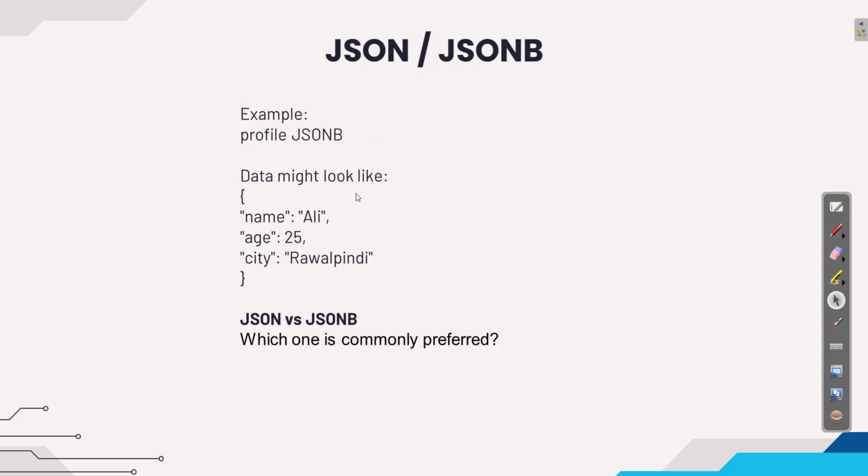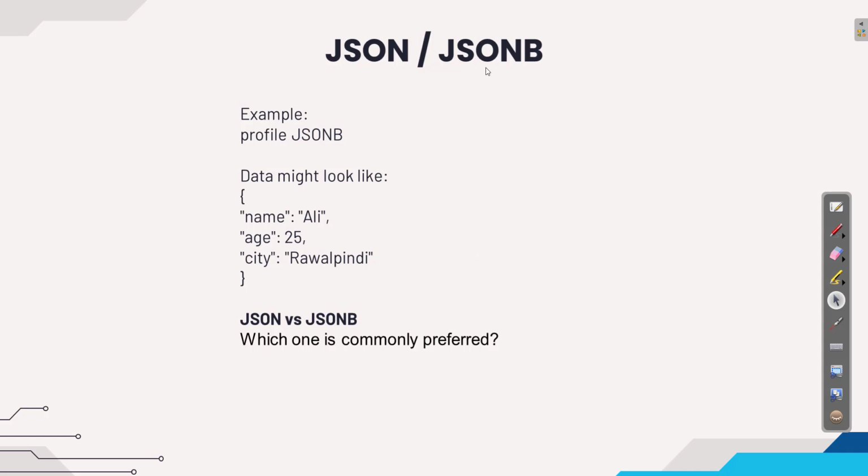JSON or JSONB, for example, if you want to save the profile, its data looks like this. JSON: name Ali, age is 25, city is Rawalpindi. So this is the JSON, and JSONB is basically the binary form of this JSON data. So which one is commonly preferred?